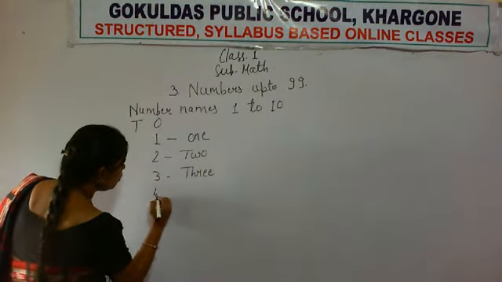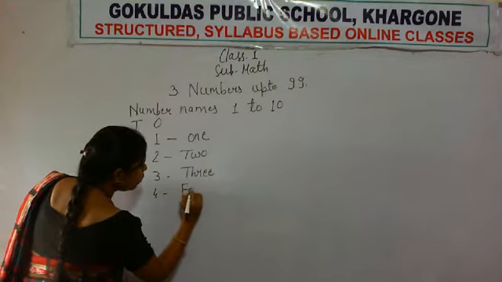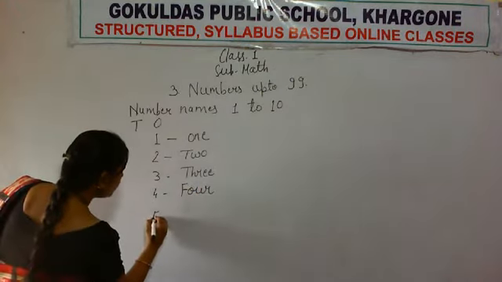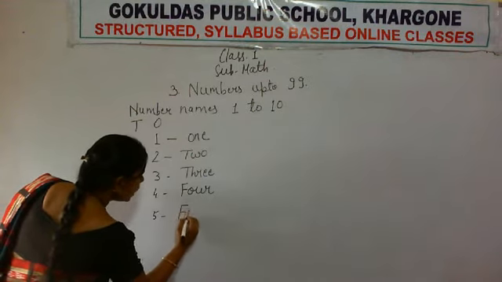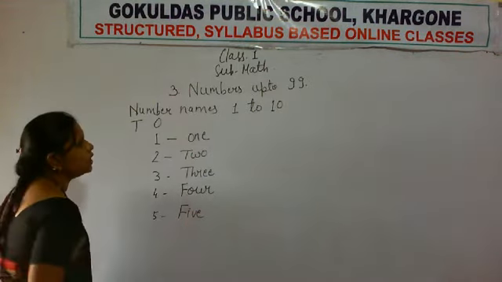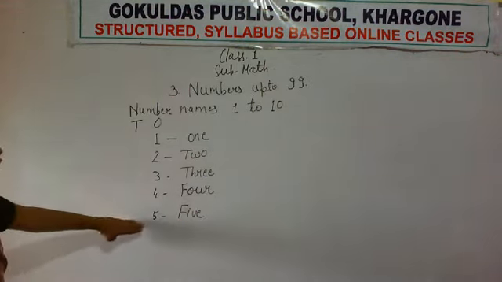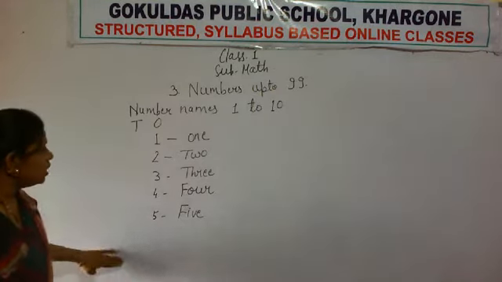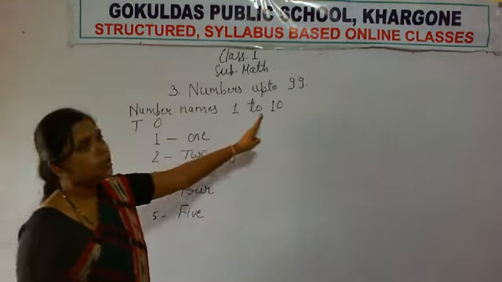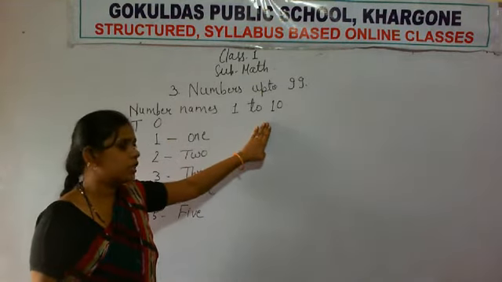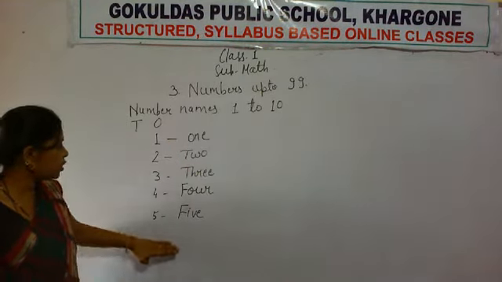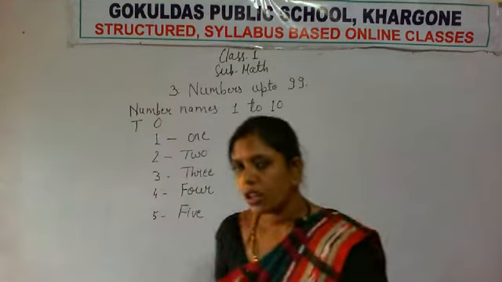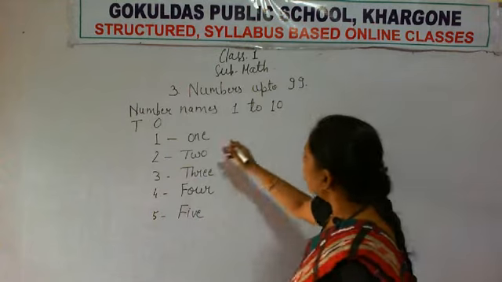Next, 4, F-O-U-R, 4. 5, F-I-V-E, 5. Okay, I am not writing here because you are not able to see. So I am writing here. If you have space, I know that there is space in your copy. So you continue writing from same page.